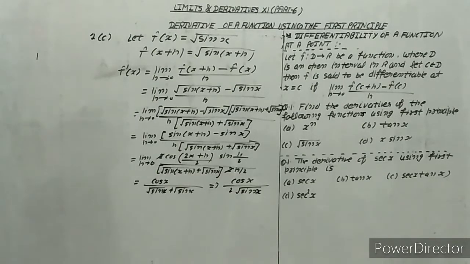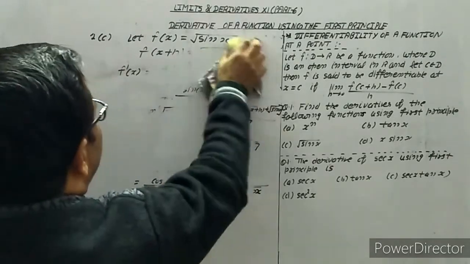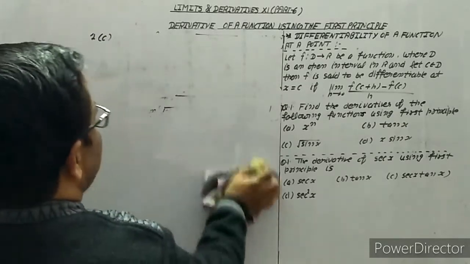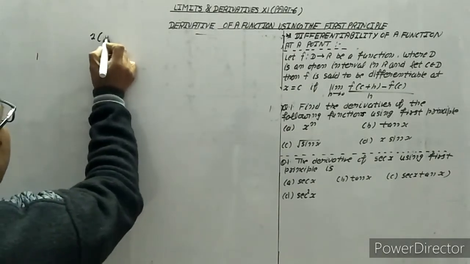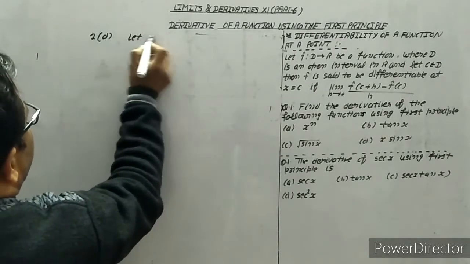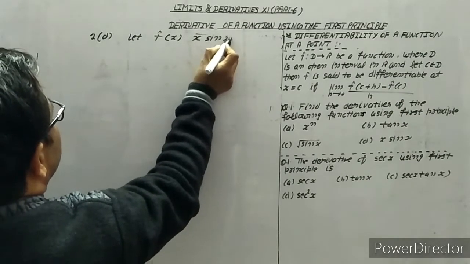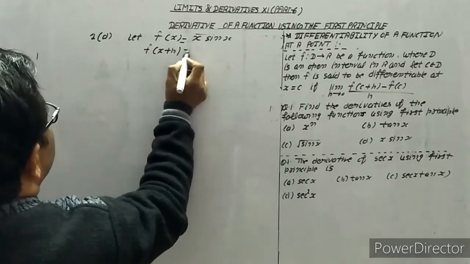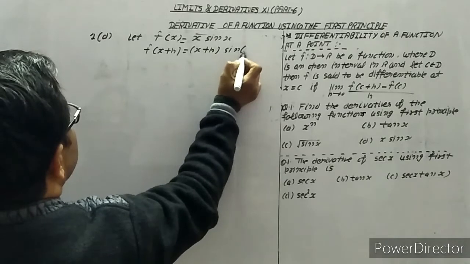Now let's start the solution of question number 1 part D, in which we have to find the derivative of x sin x. For this, let f(x) is equal to x sin x. Then f(x+h) becomes (x+h) into sin(x+h).